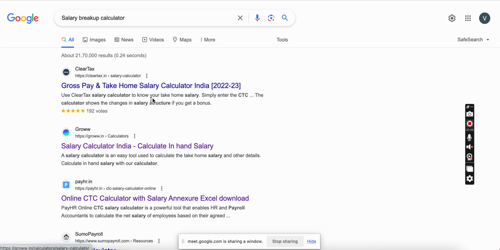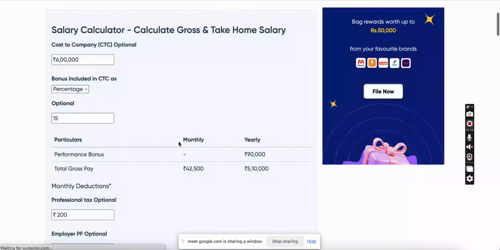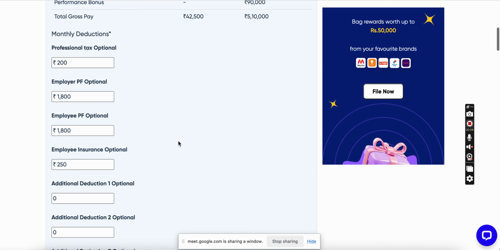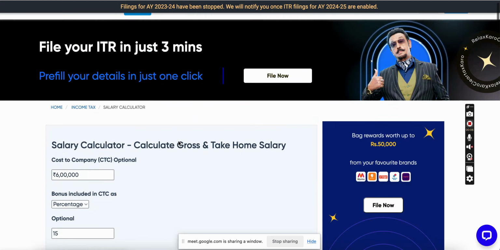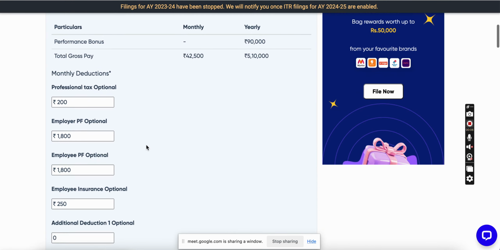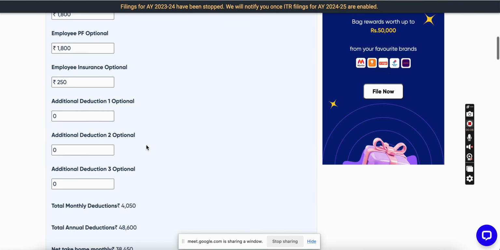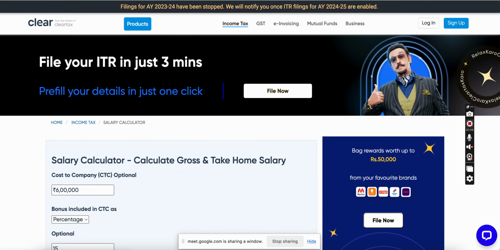See, all this you will find is of no use. You won't understand anything here, and you won't get a proper breakup. They are only asking you to enter everything. Understanding payroll is difficult.